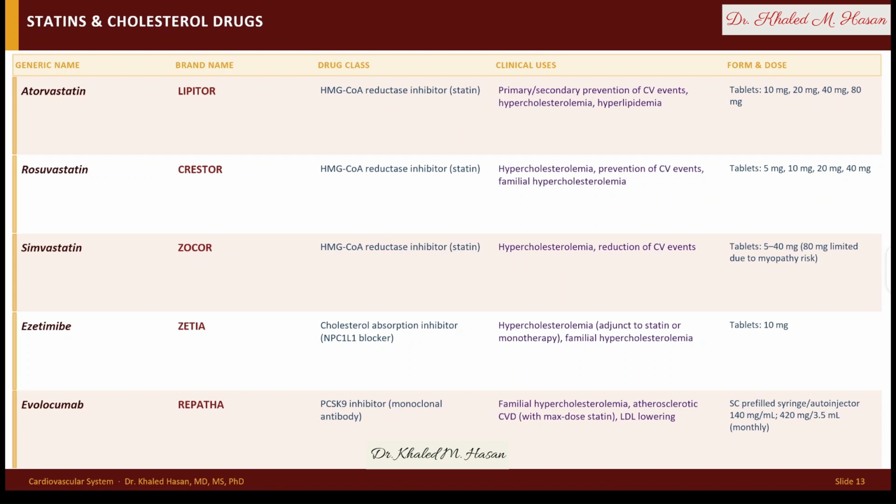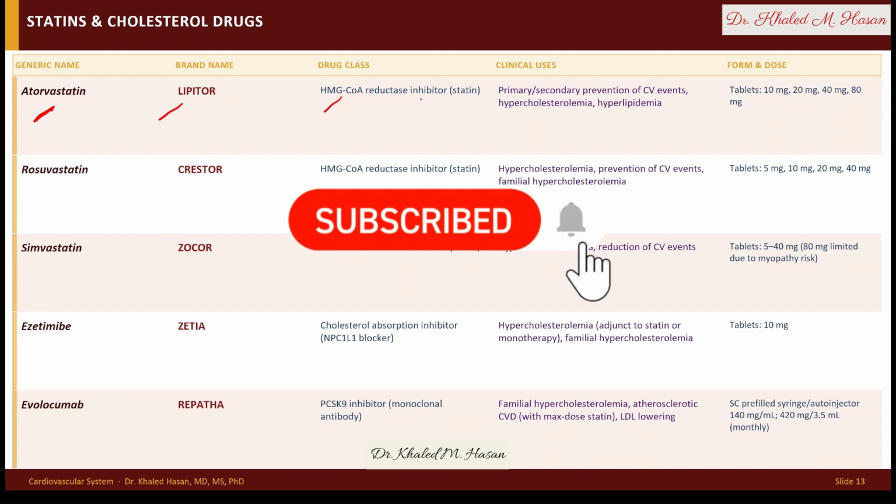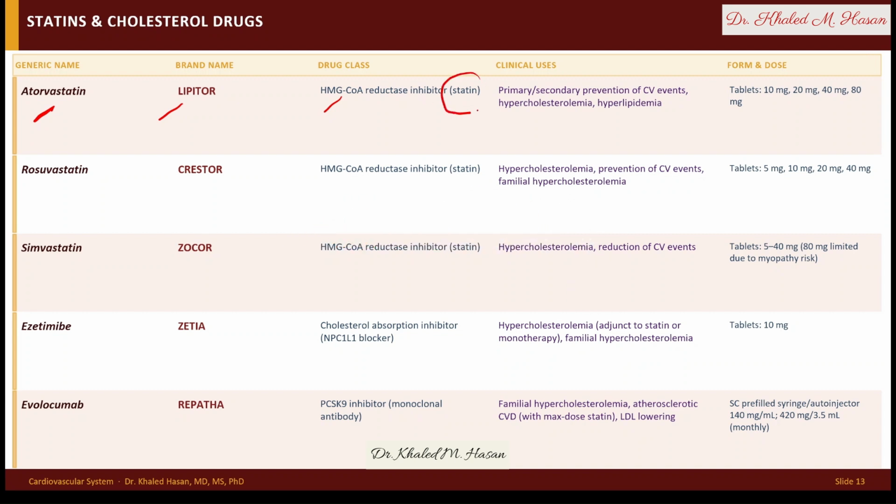we have atorvastatin, brand name Lipitor, belonging to the HMG coenzyme A reductase inhibitor. All the statins work on the same mechanism, as you can see it here. We use the statins for the primary and secondary prevention of cardiovascular events, hypercholesterolemia, hyperlipidemia.